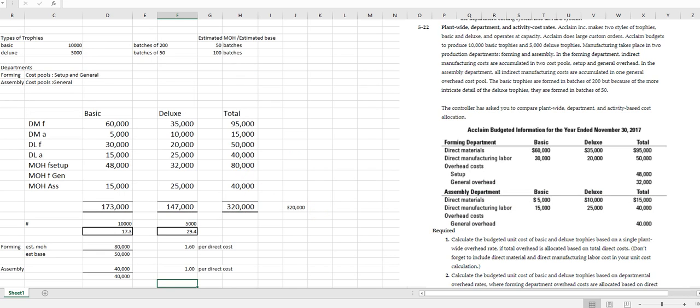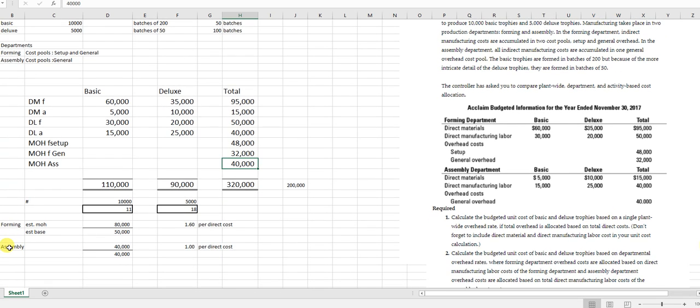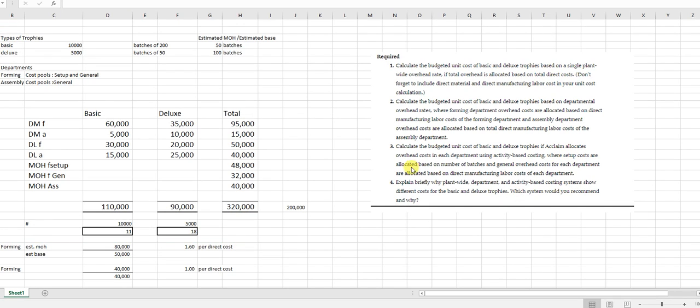So let me stop this and fix my numbers here, because I'm going to get rid of these. And I need to change this back to 48,000 and 32,000. Okay, so now I've got so where setup costs are allocated based on the number of batches.